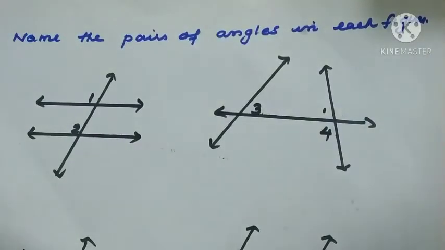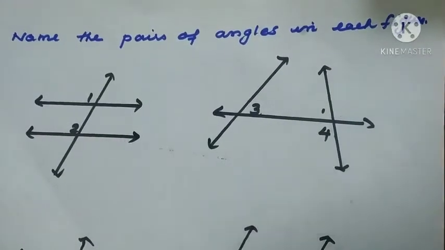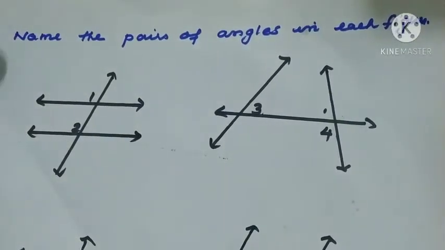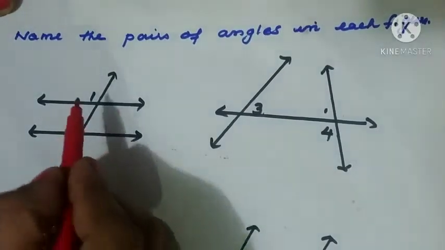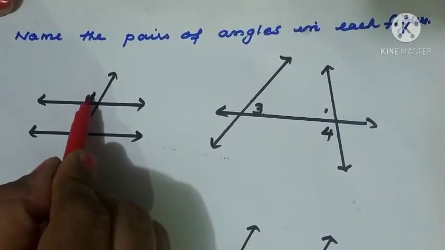Name the pair of angles in each figure. If you understood the names of the angles, then you can tell me with the numbers which we have marked. In the first diagram, we have marked angle 1 and angle 2. Now we have to say which pair it is. Angle 1 is above the line, right?